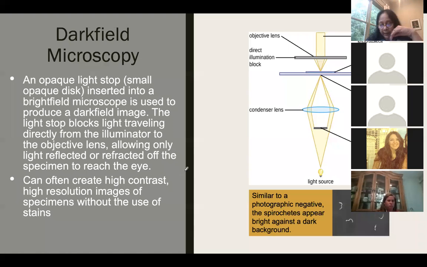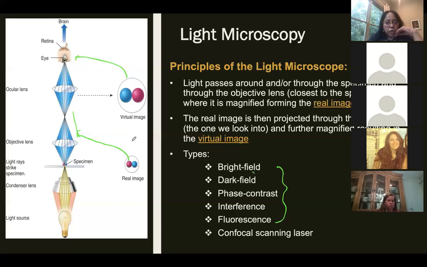So for the bright field microscope, these are the characteristic features, this is the principle. Okay, so the light cone is produced by the condenser. Almost all the light goes to the specimen, and almost all the light enters inside the objective lens. So basically, we are not losing any light over here.